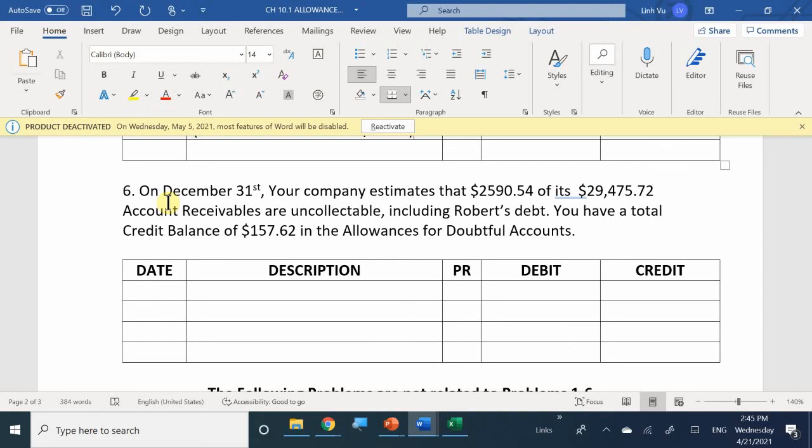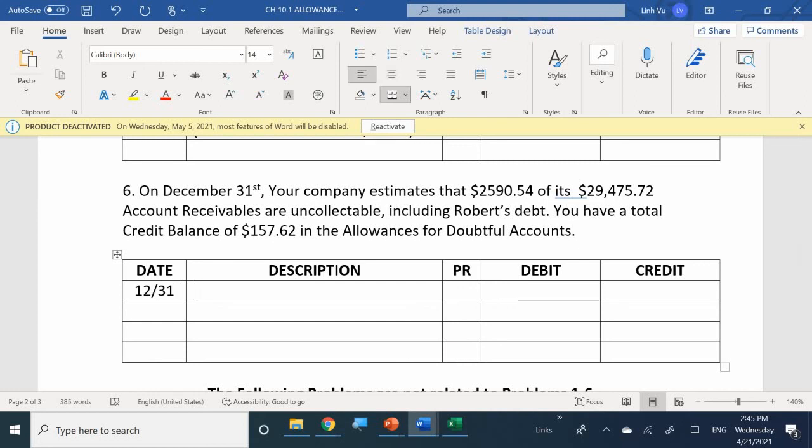Bad debt expense. Excellent. Because we've reached the end of the year, like I've mentioned before, typically you would do this towards the end of the year.